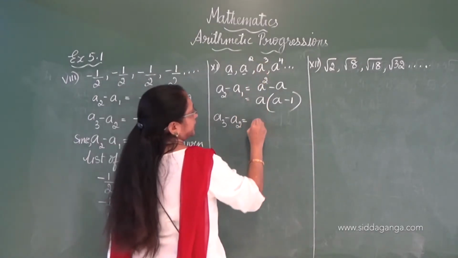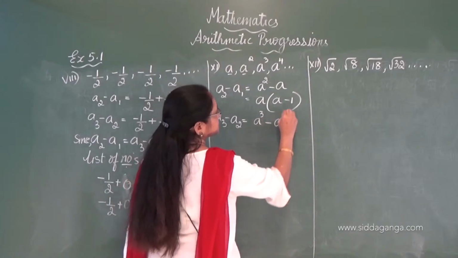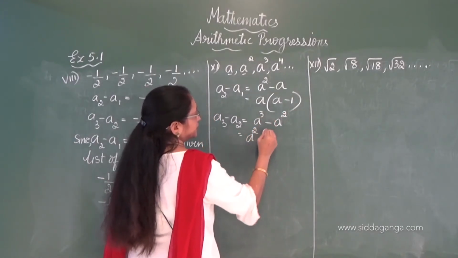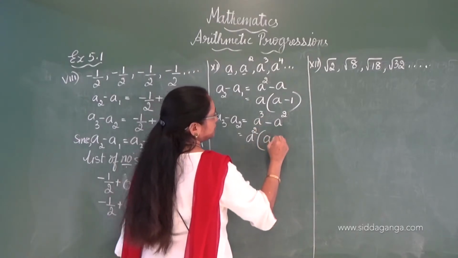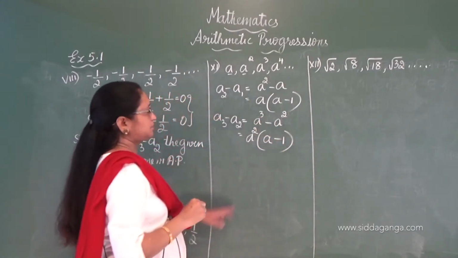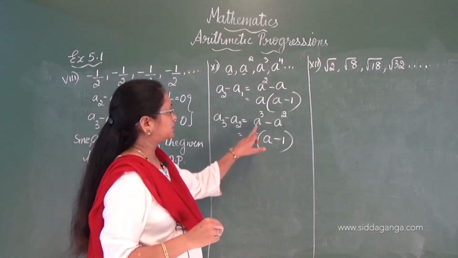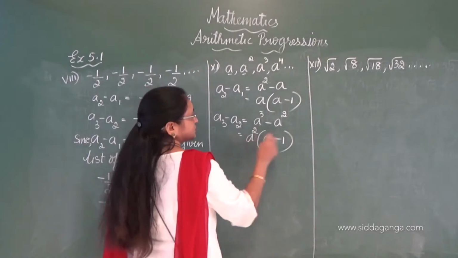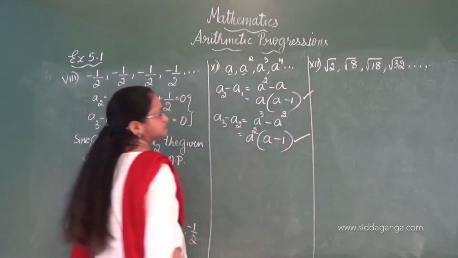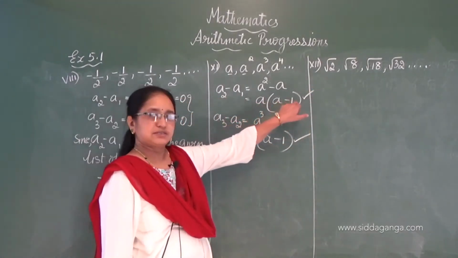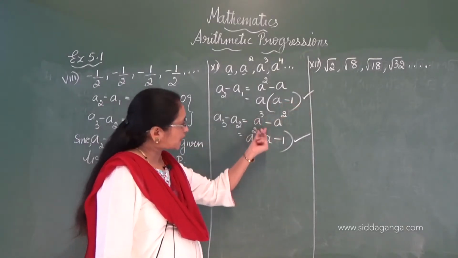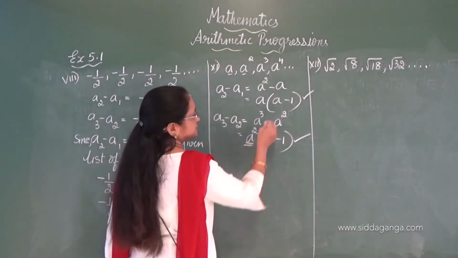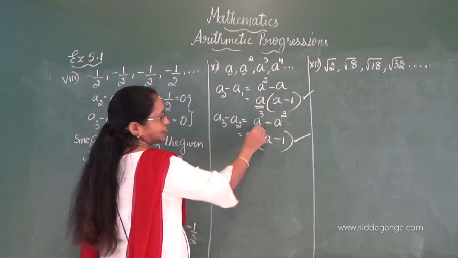So A3 is A cube minus A square. Now here also I will take A square common. So A minus 1. I hope you understood. A square common, what remains? A minus 1. See, now just compare these two terms. A into A minus 1 and this is A square into A minus 1. Note this: this is A and this is A square.